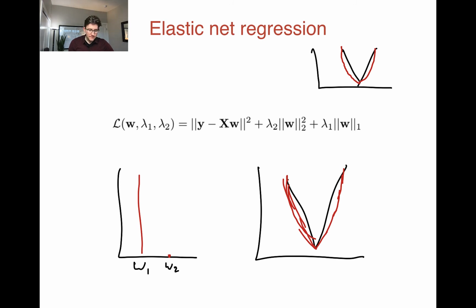So it's not too hard to convince yourself that if W1 and W2 are very well correlated, we're going to end up with nearly the same weight for both, and generally they're both going to get a non-zero weight. Again, this is valuable. It gives you a more honest view of the results of your feature selection: it is not going to choose one arbitrarily, instead it's going to choose both.